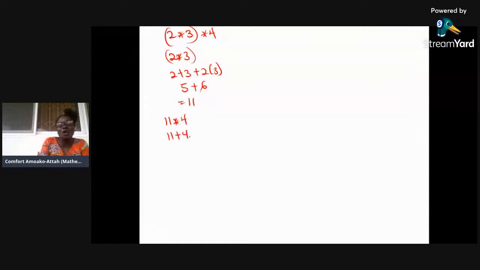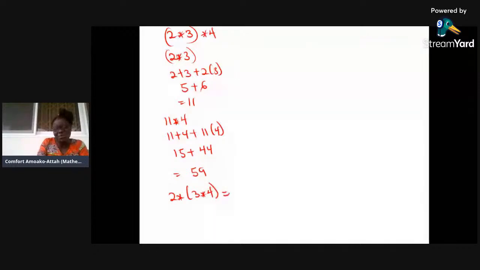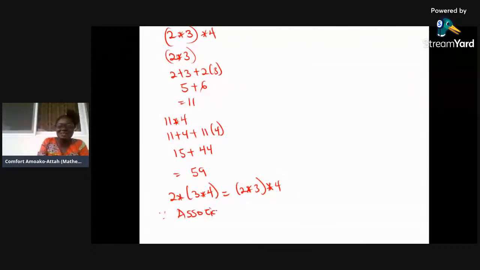So 11 plus 4 plus 11 times 4. So we have 15 plus 44, which is giving us 59. So comparing the two answers, we can say that 2 star 3 star 4 is equal to 2 star 3 star 4. Therefore, this property is also an associative property. Associative property.